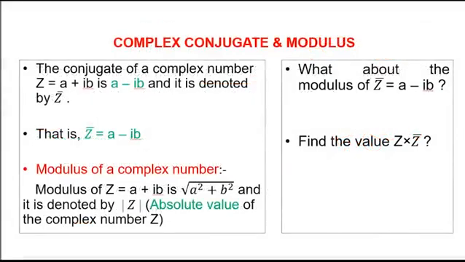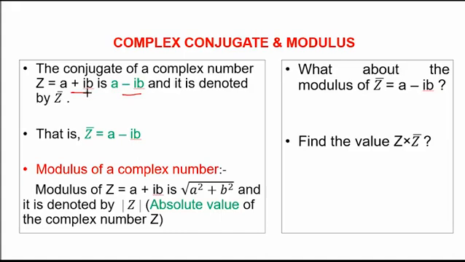Now let's switch over to the complex conjugate and modulus. What does conjugate mean? Conjugate is nothing but just changing the sign wherever the imaginary portion is there. See, plus ib changes into minus ib.